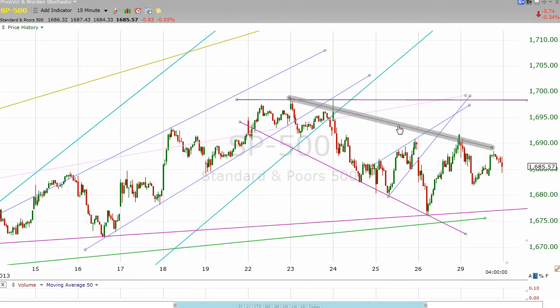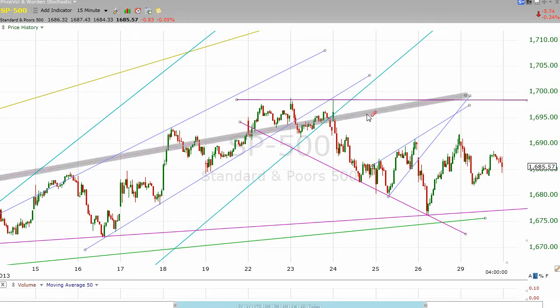I think we'll keep this one, but I'm inclined to just make this one right here go away, because it doesn't seem to really be lining up with much at all. Now, what happened today? I'm going to get rid of these two here, just because I don't think we need them right now.